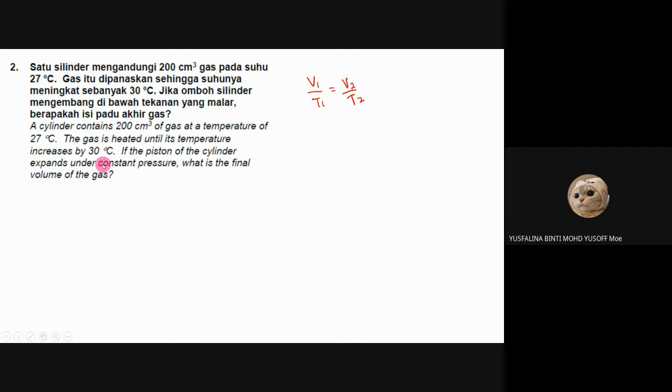V1 divided by T1 is equal to V2 divided by T2. Isaac, 220. Anyone? Maybe you got a different answer from Isaac. Okay, good, Isaac.